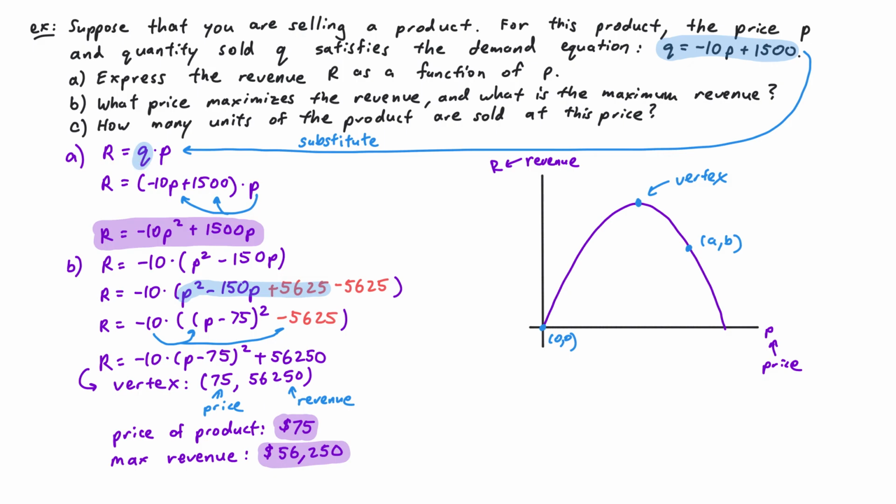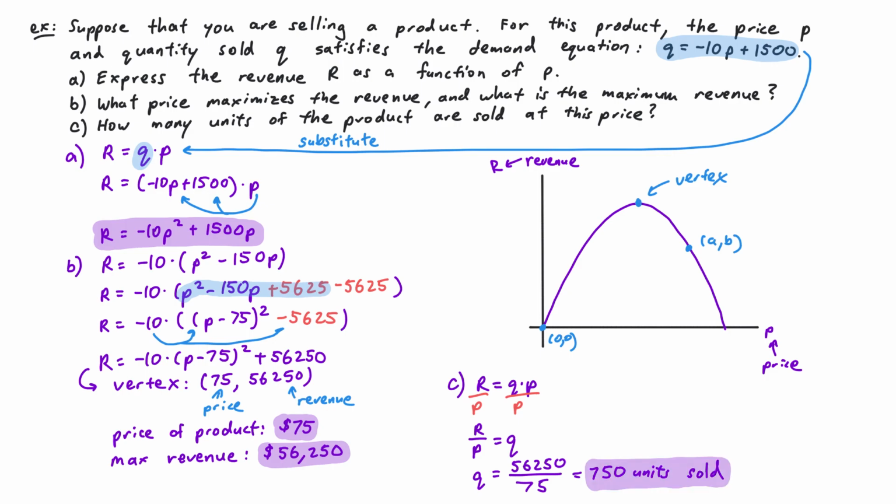So if I want to figure out the quantity sold, we can just take the equation R equals Q times P and divide both sides by P. This leaves us with R divided by P is equal to Q. So to find the quantity sold, all we have to do is take the revenue, which is 56,250, and divide it by the price of our product, which is $75. So our quantity sold is 56,250 divided by 75, and we end up with 750 units of our product sold.